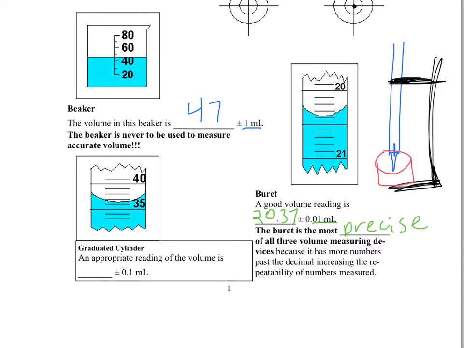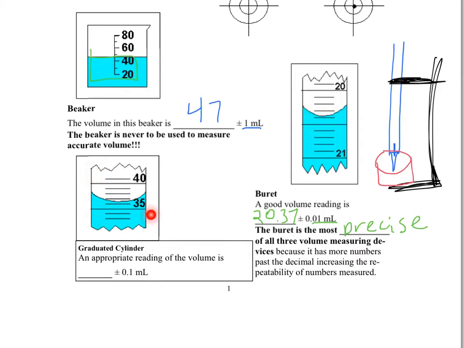What that means, the repeatability, right, precision, is if I tried to fill a liquid in this beaker to around 47 over and over again, the likelihood of me being in the exact same point is smaller and smaller. However, because I am able to measure out all the way out to 2 decimal places, I could get this exact same measurement multiple times and be very precise.